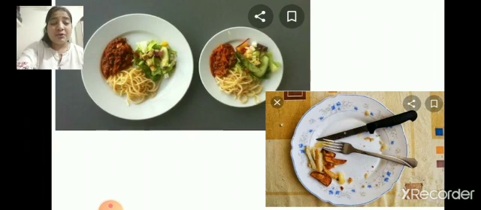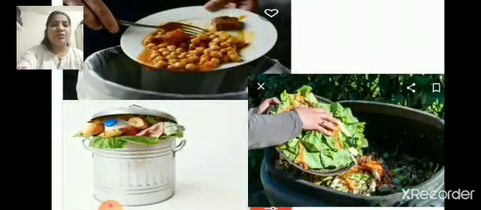So you have to take the correct, small amount of food in your plate to avoid wastage. People are throwing half of the food in the garbage, so we are wasting the food. If we are wasting the food, definitely we are not conserving our environment.